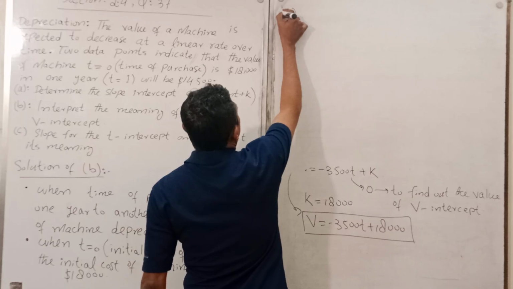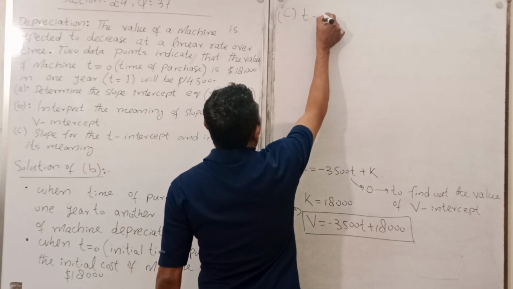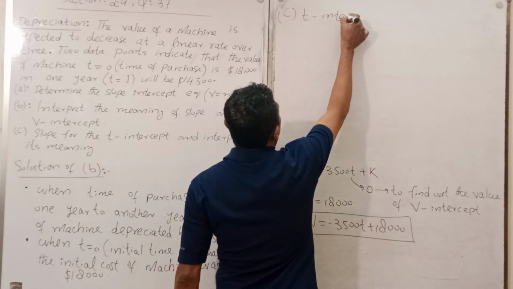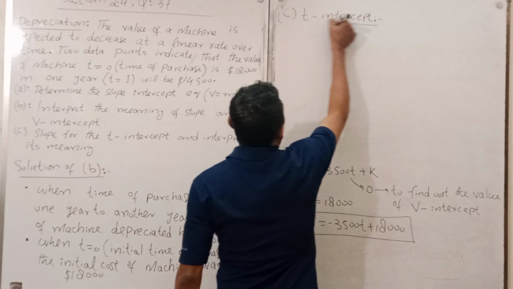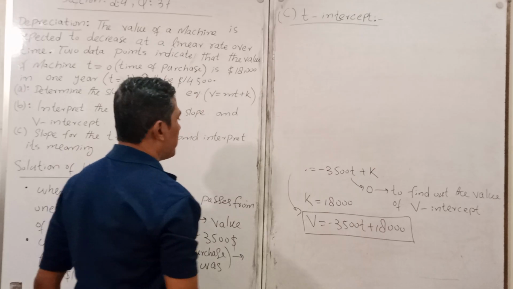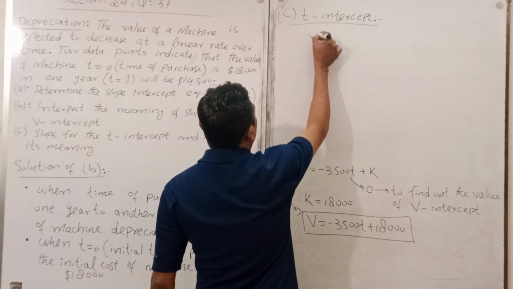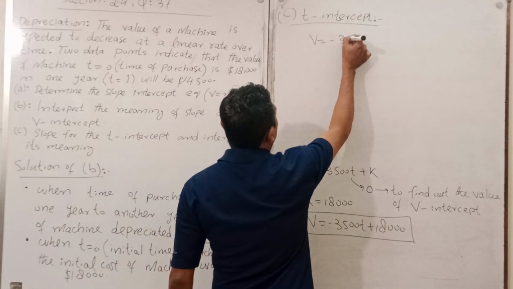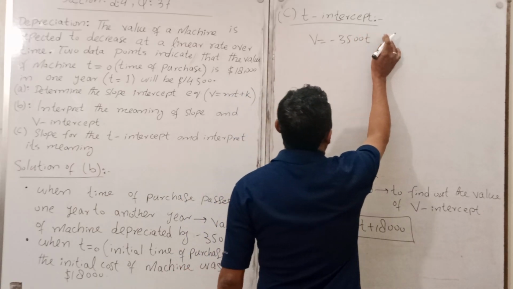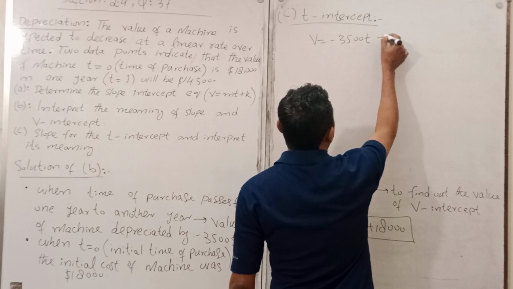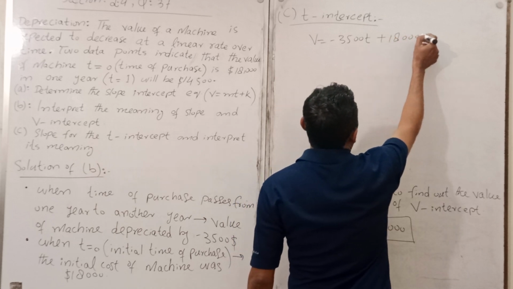Part C, T intercept. Yes, T intercept. So V equal to minus 3,500 t plus 18,000.